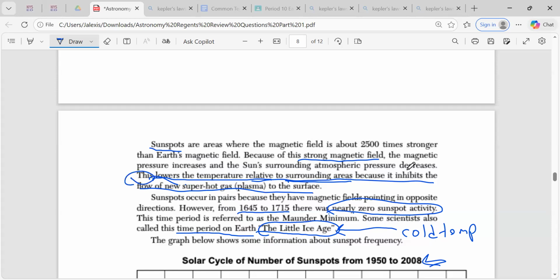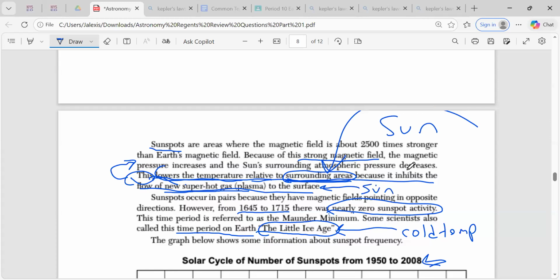This, which is referring to the magnetic pressure in the magnetic field, lowers the temperature relative to surrounding areas. The surrounding areas they're talking about is the sun, because it inhibits the flow of new super hot gas to the surface of what?